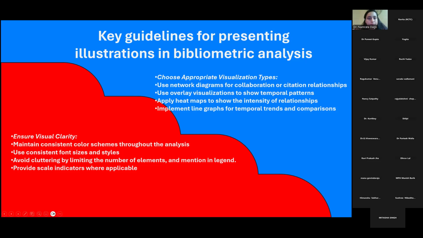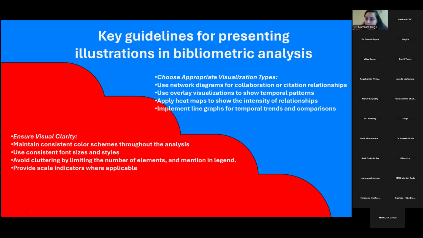Ensure visual clarity. Maintain a consistent color scheme throughout the analysis. Bibliometric analysis graphs are very colorful, and there will be a lot of colors, but you should select a similar type of analysis for author, institution, sources, whatever you are evaluating.